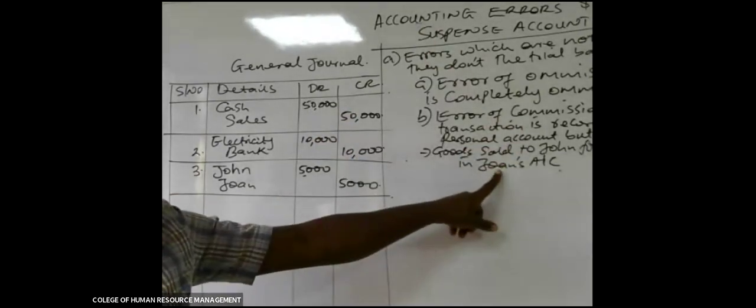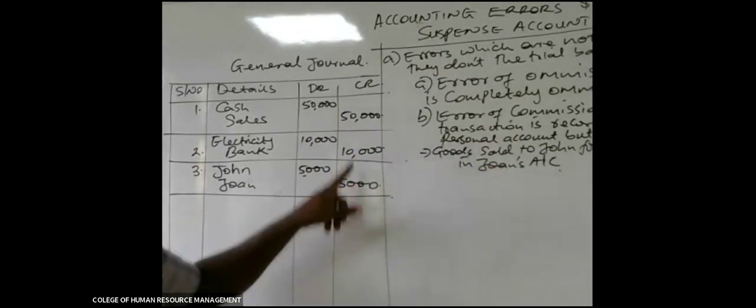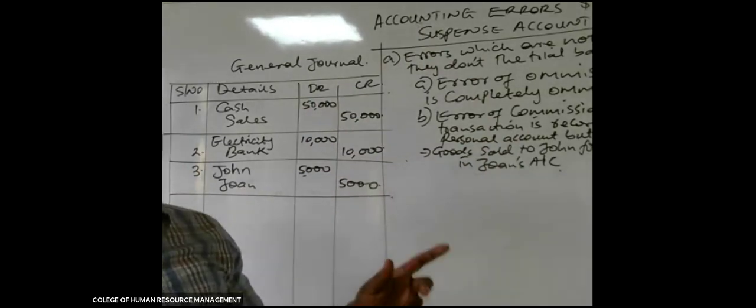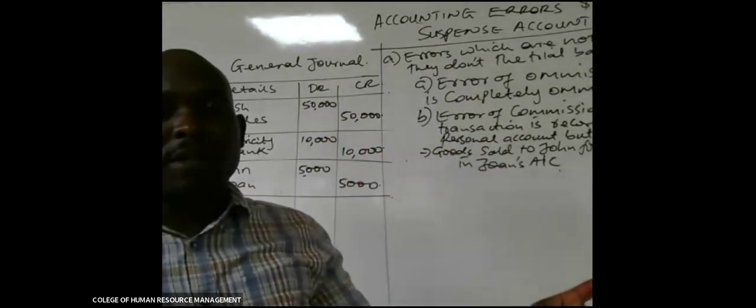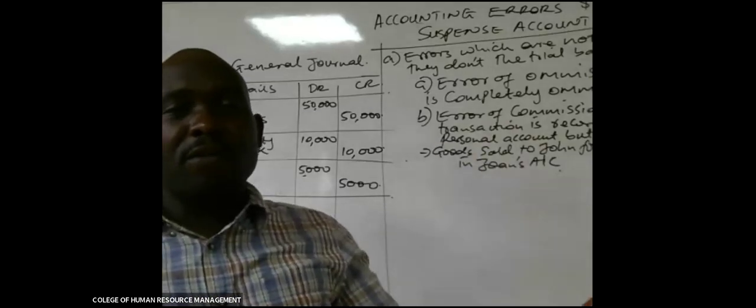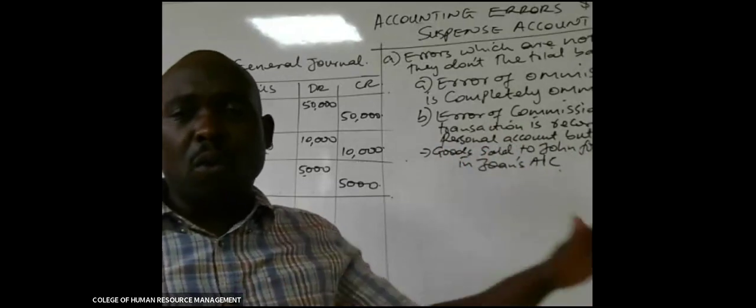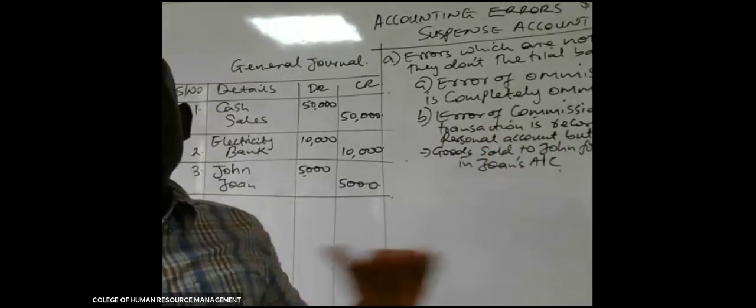So because this account was debited, you will now come and credit. When you credit an account which was debited, it's like you have subtracted that money from that account. You have removed that money from that account. Remember this. A debit of 5,000 in an account, and then you credit 5,000 in the same account. It is like 5,000 minus 5,000, which is 0. So that account has nothing.